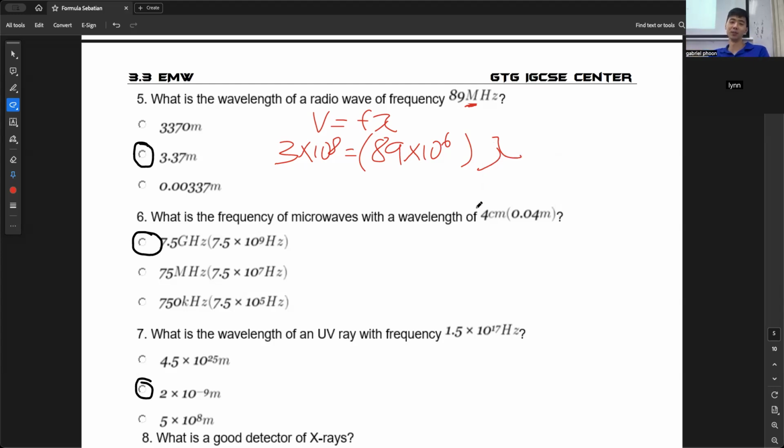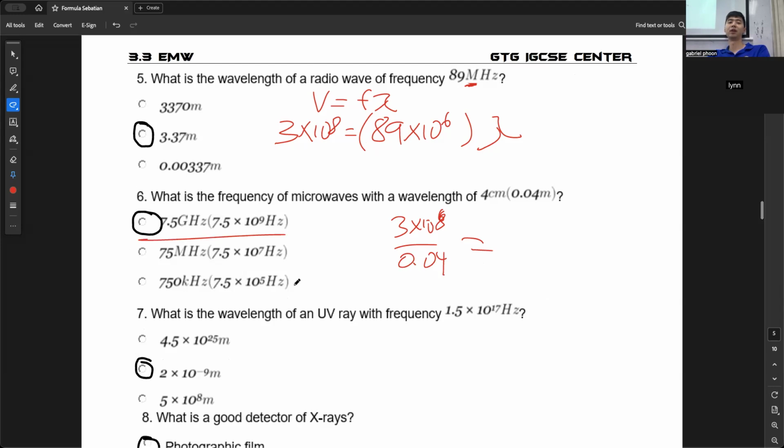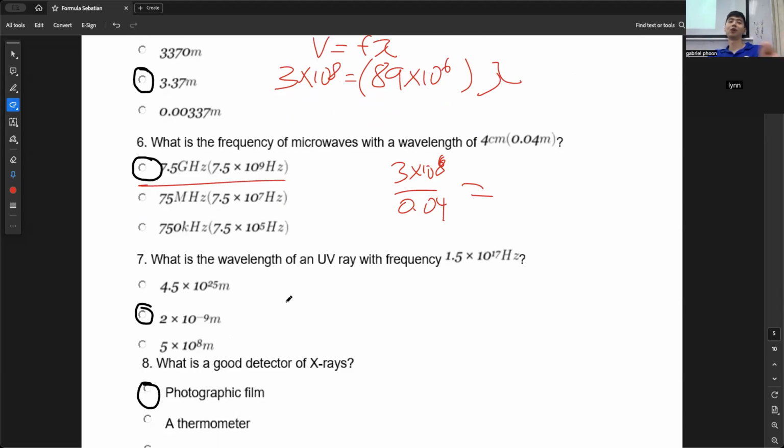You, how to do question number 6? What's the working? Divided by 0.04. Good. Then you get this, right? You, how to do this question?